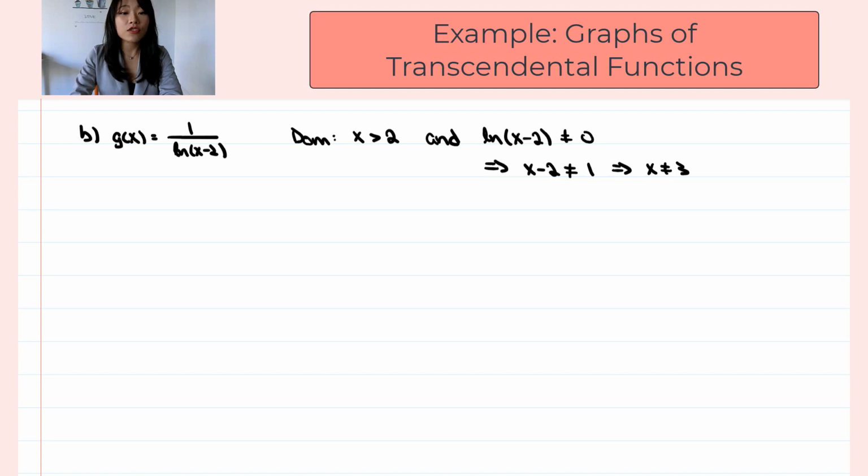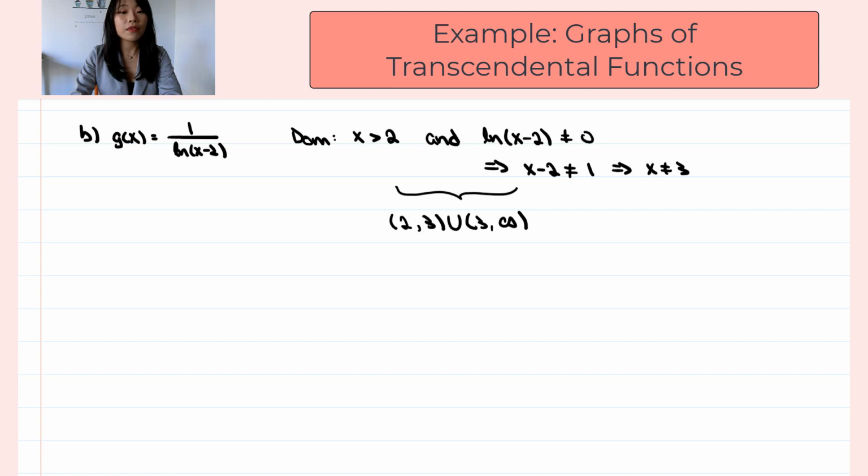So by combining these two pieces of information, for the domain of this function, I need an x that is greater than 2 but does not equal 3. So using interval notation, the domain would be from 2 to 3, both exclusive, then union from 3 to infinity.